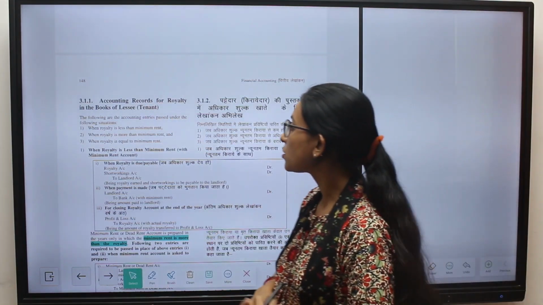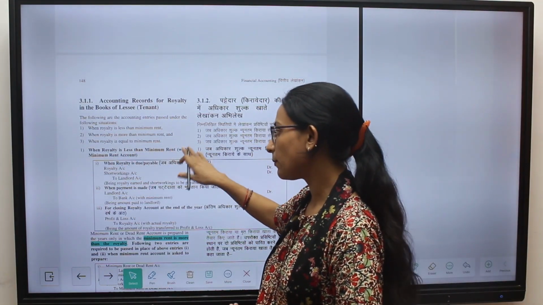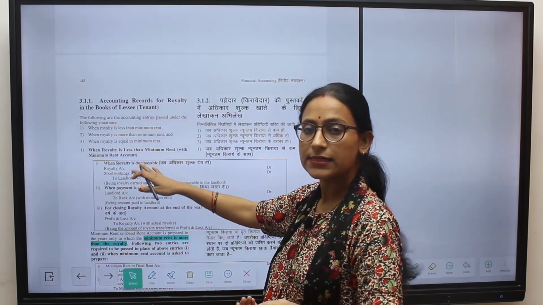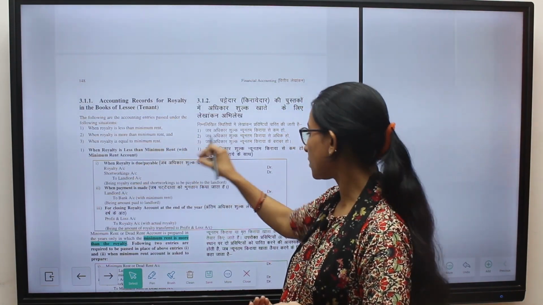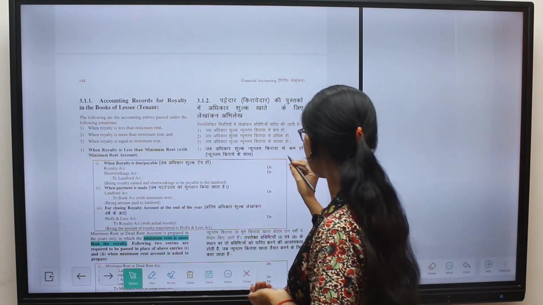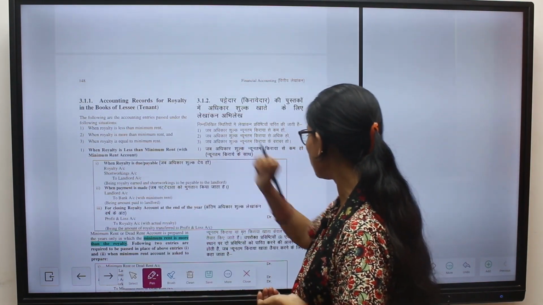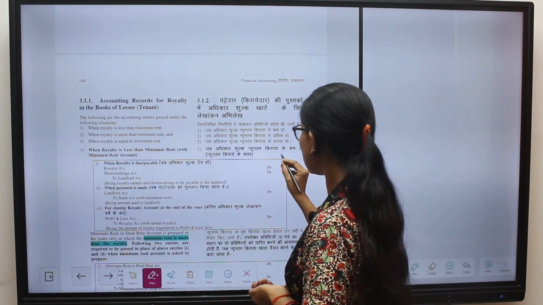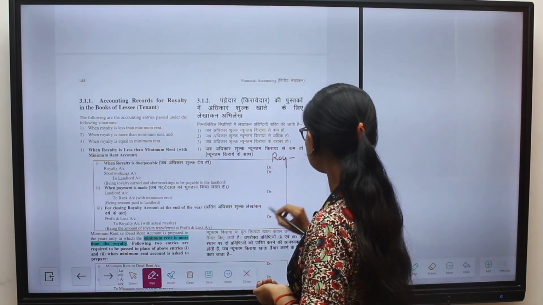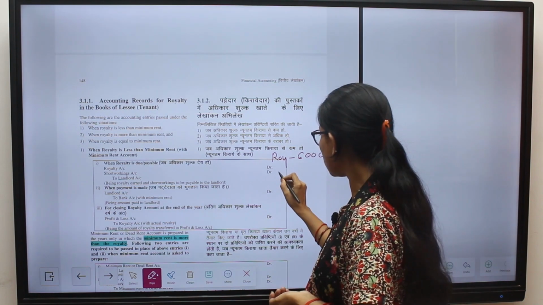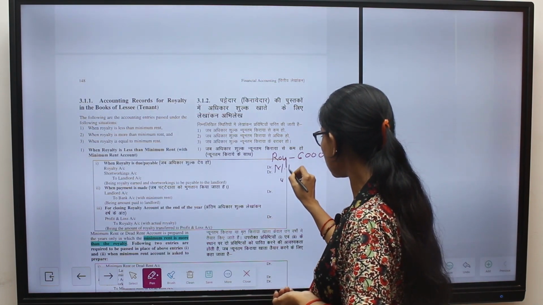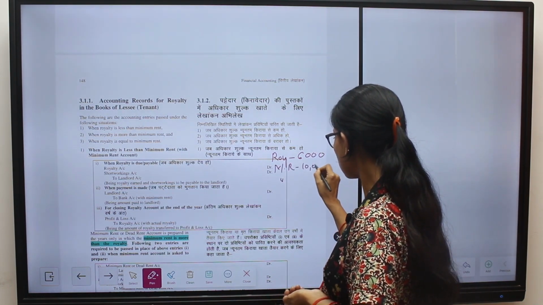The first situation is when the royalty is less than minimum rent. Whenever the royalty is less than minimum rent, short working generates. Now with the help of an example, I will explain the first entry, the due entry. Suppose the royalty amount is 6,000. The minimum rent is 10,000.